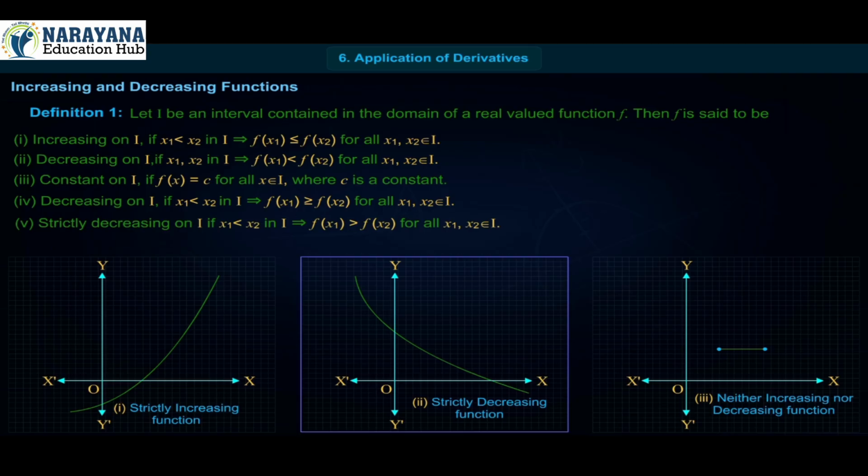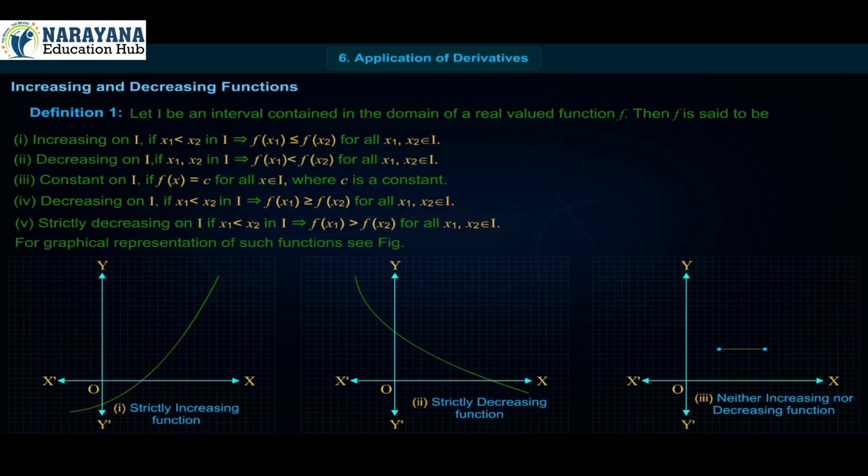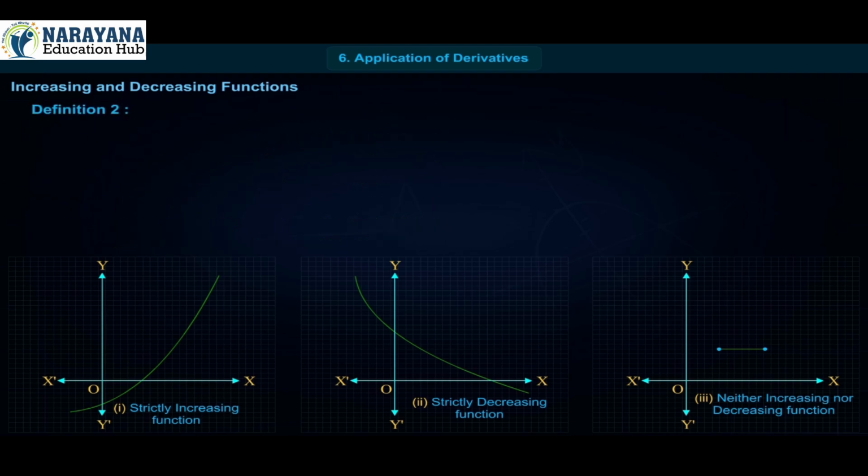Number 5, strictly decreasing on I if x1 is less than x2 in I, which implies that f of x1 is greater than f of x2 for all x1, x2 belongs to I. For graphical representation of such functions, see the figure. Definition 2.